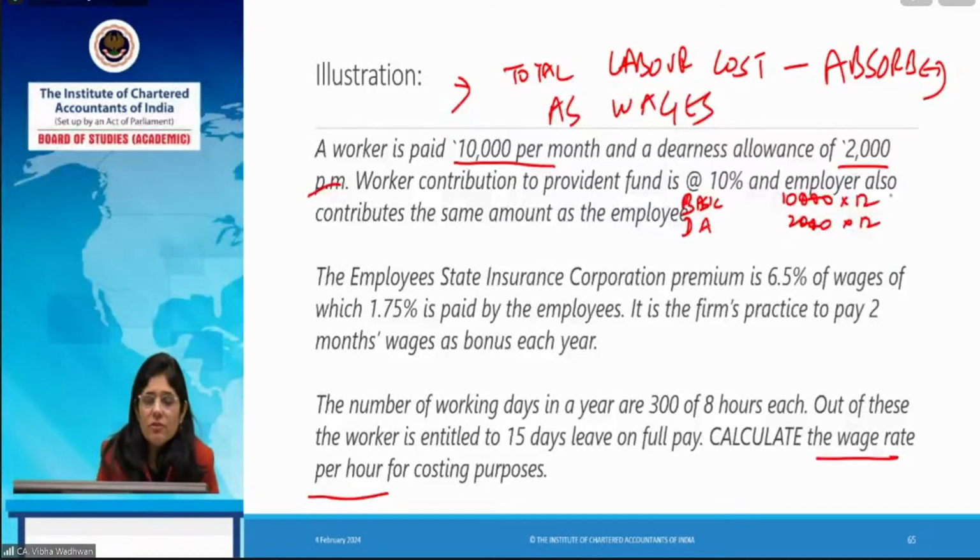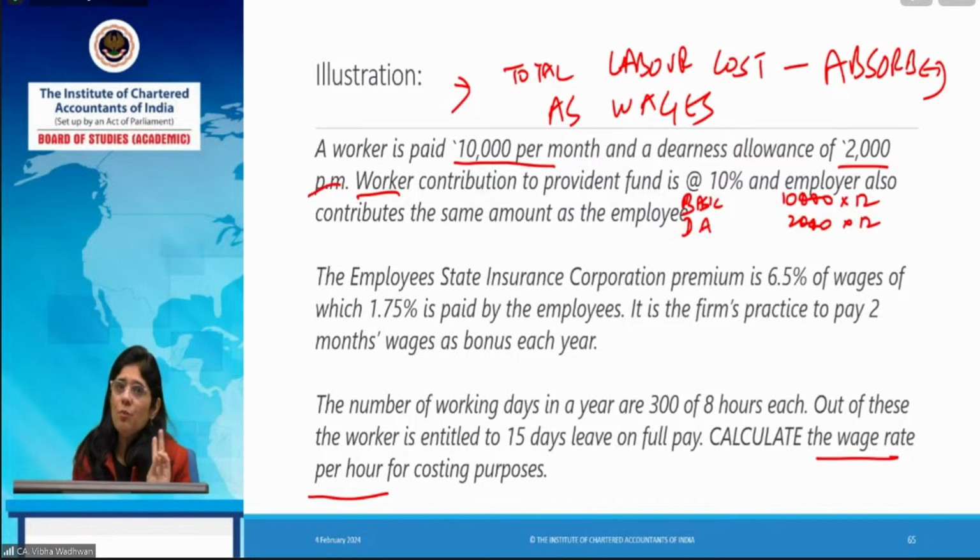Worker contribution to Provident Fund is 10% and the employer also contributes the same. We have been given both contributions, employee and employer.